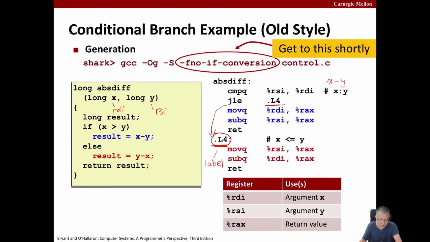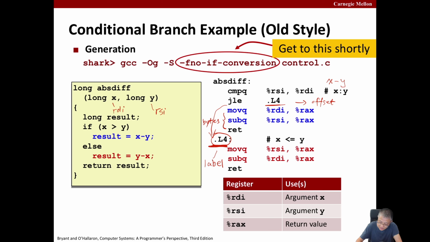The assembler will automatically convert this label into an offset, because you don't want to calculate how many bytes is a movq, how many bytes is a subq, and also the return instruction. The assembler can do this for you. So normally you just assign a label to your code, and you can jump to your label.